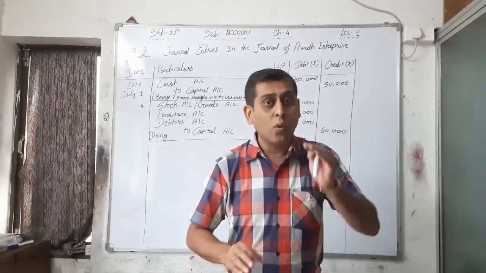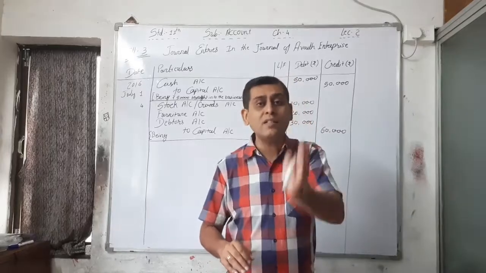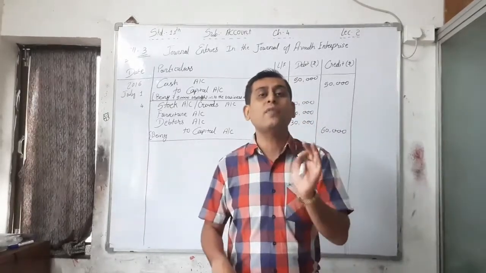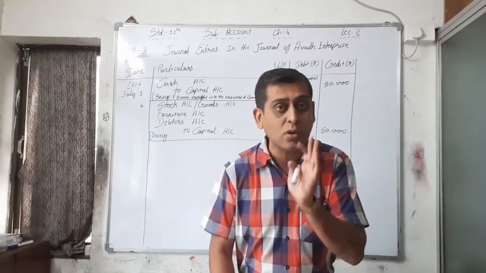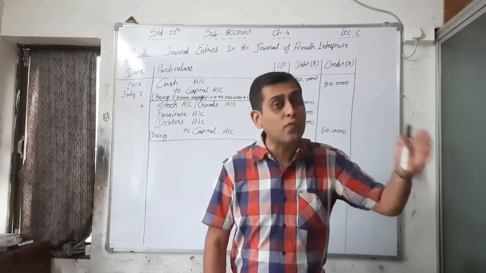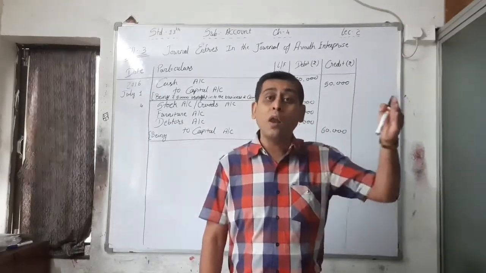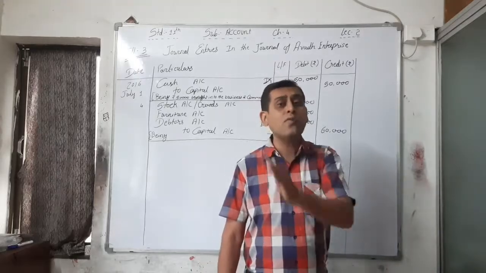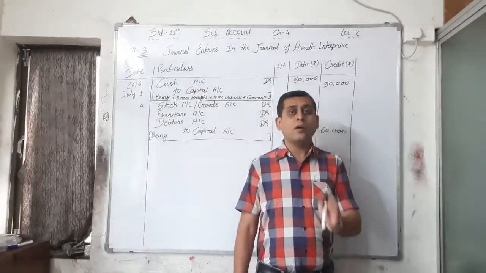Here 10,000, in whatever form, the 10,000 comes into the business, so we have to write that 10,000 only. We have to ignore 20,000, we have to ignore 15,000, we have to ignore the loss on sale of the bike. We have to ignore all that, right?